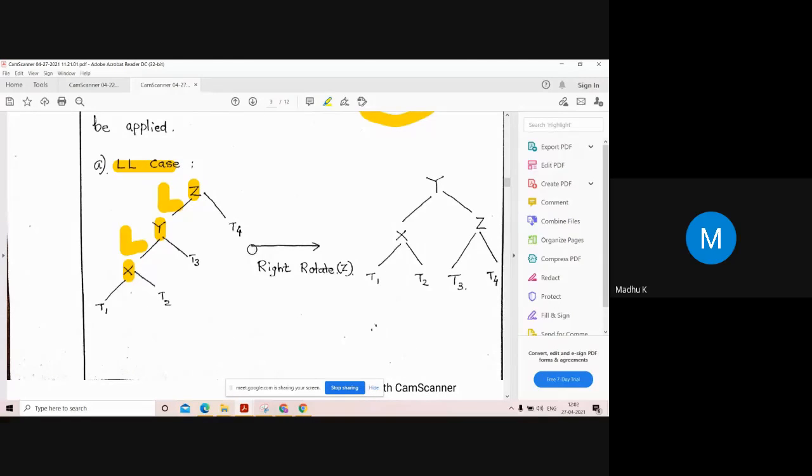If it is an LL case, then we perform this operation: right rotate Z. Z will come here, Y will come here, X will come here, and the subtrees come in this way. That you should be studying.